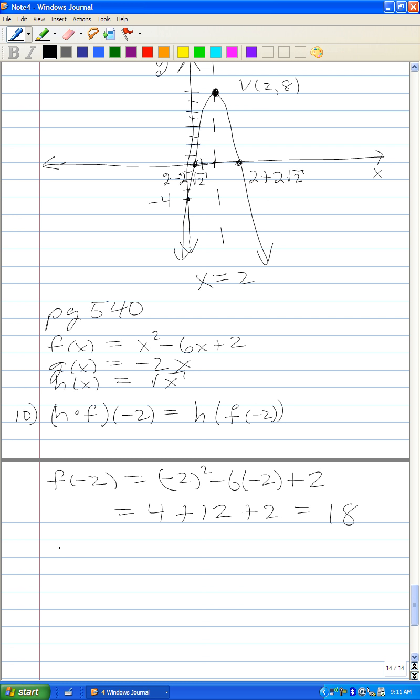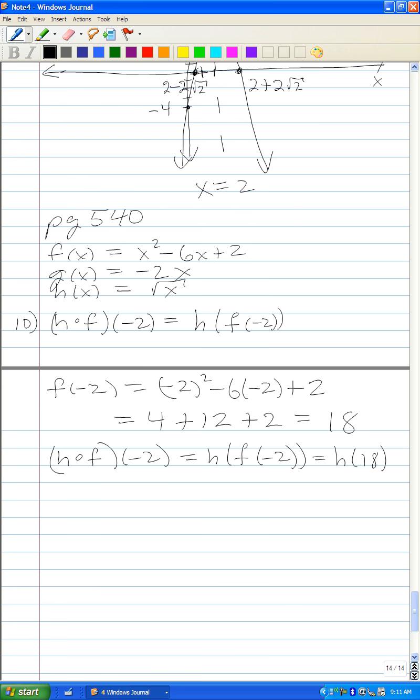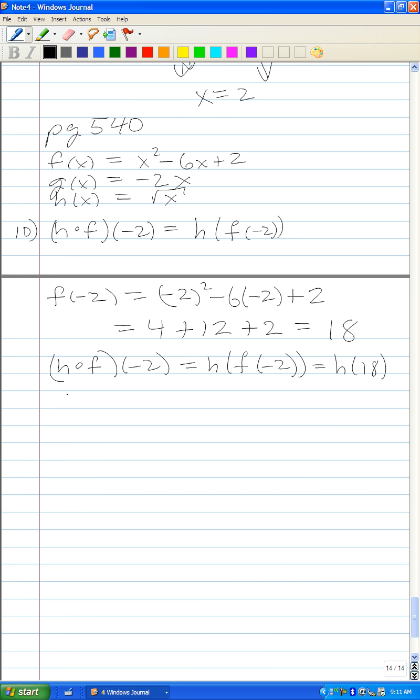And now let's figure out h composed with f at negative 2, which is h at 18, because f at negative 2 is 18. So let's figure out h at 18. Well, h is just the square root. So this is the square root of 18, which I can write as 9 times 2, and the square root of 9 is 3. So your answer is 3 rad 2.